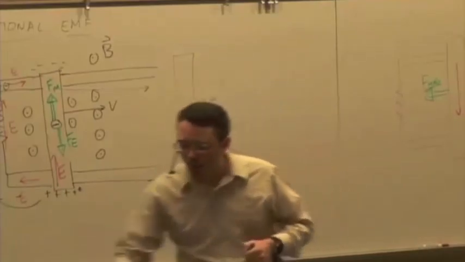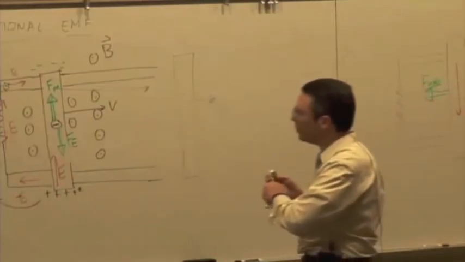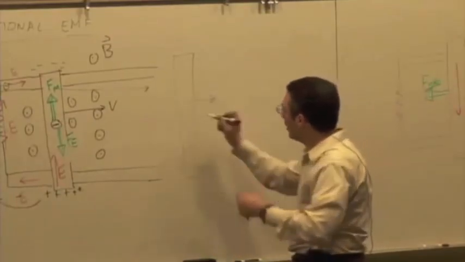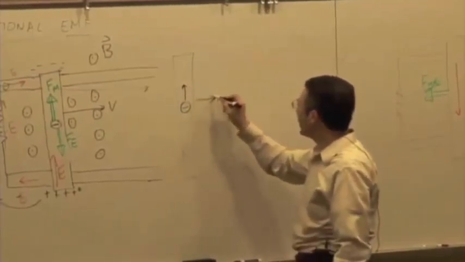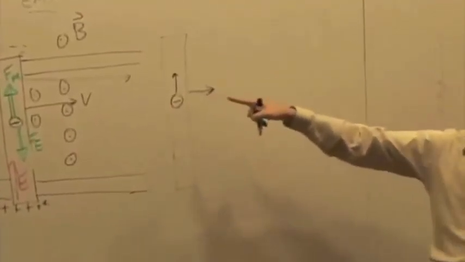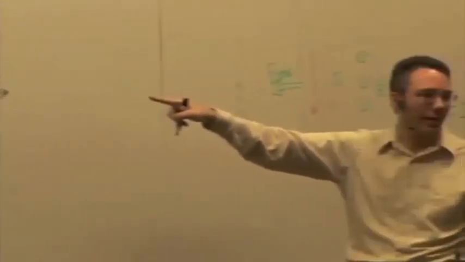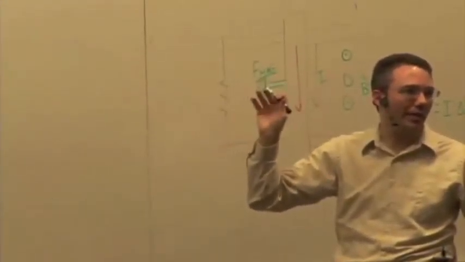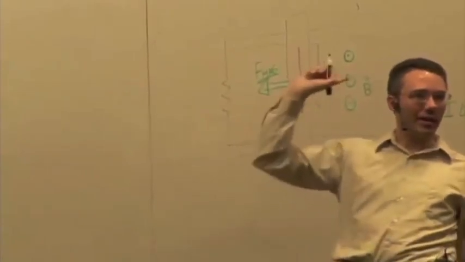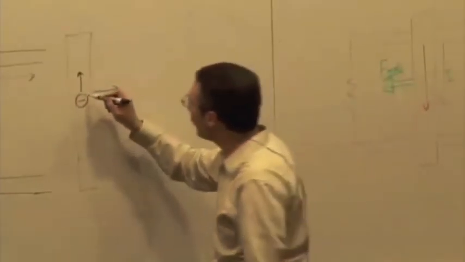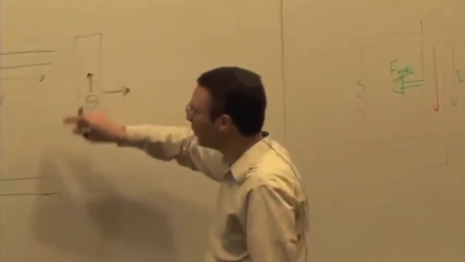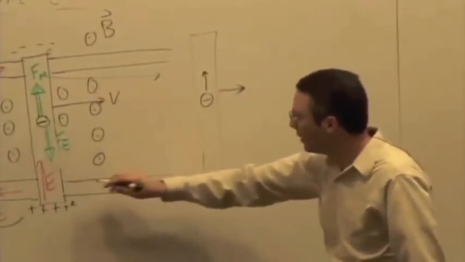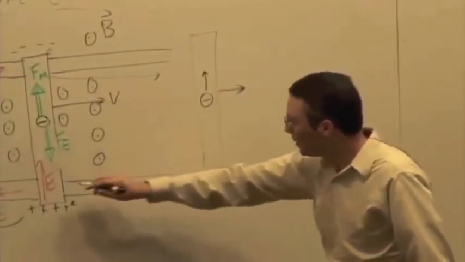And there are mobile charges in here, presumably electrons, that are moving upward, but the whole bar is also moving that way. So if I were to look at a single electron, how's it really moving? Yeah, kind of up at an angle, right? If I could follow an electron as the bar moves to the right, the electron moves up. So the path the electron takes is sort of like that.